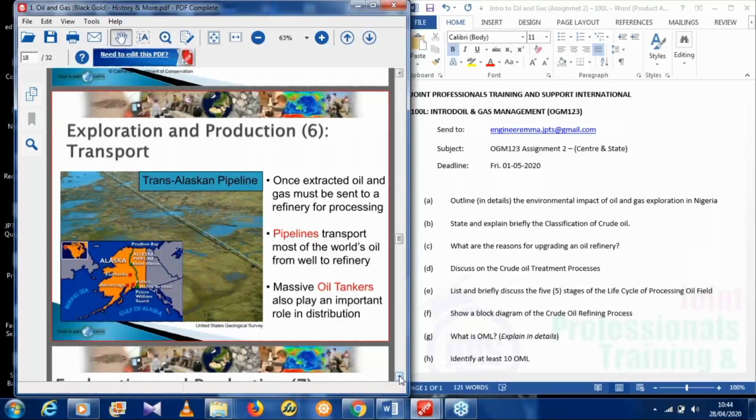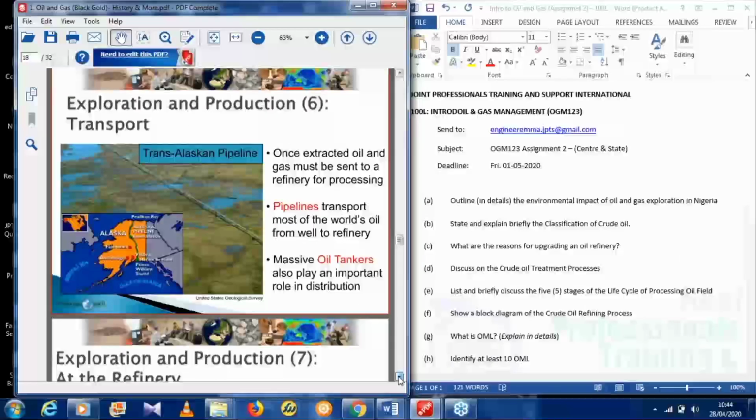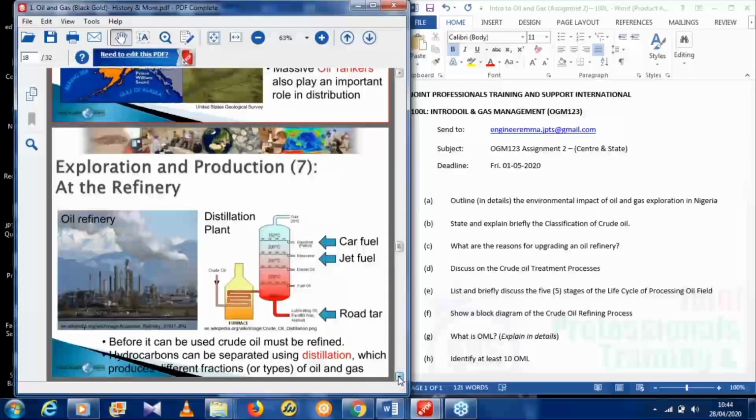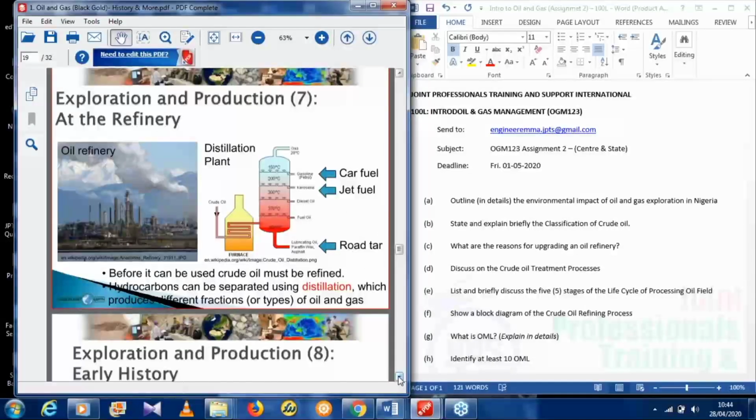Usually it goes through temporary storage and then to the refinery, where it is broken into its several components. That's the next stage: from the drilling after exploration, it is taken to the refinery.